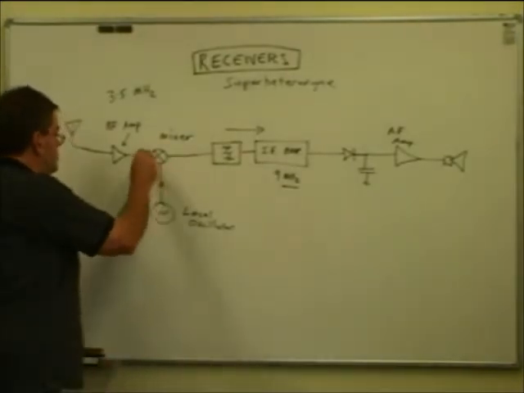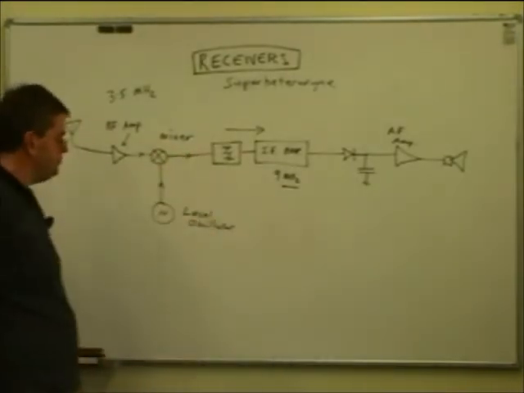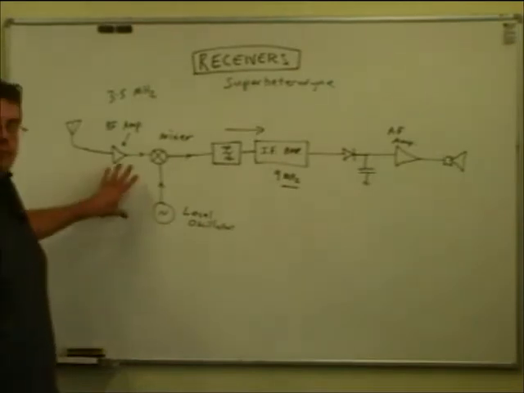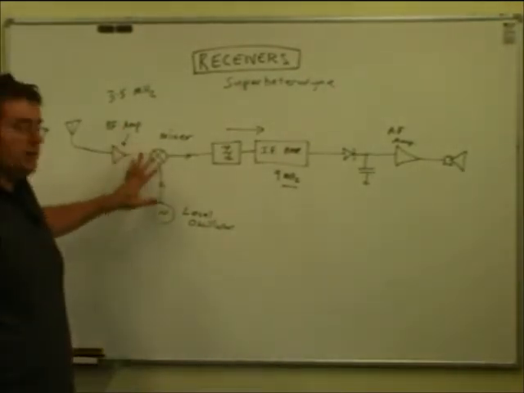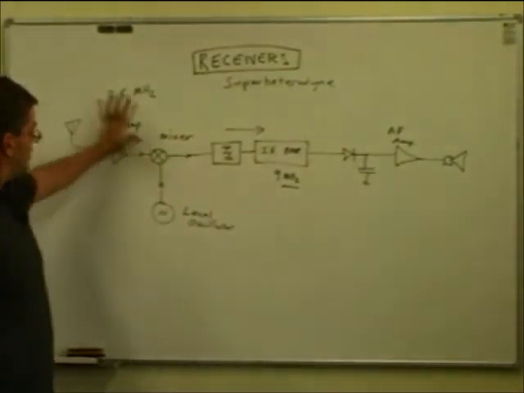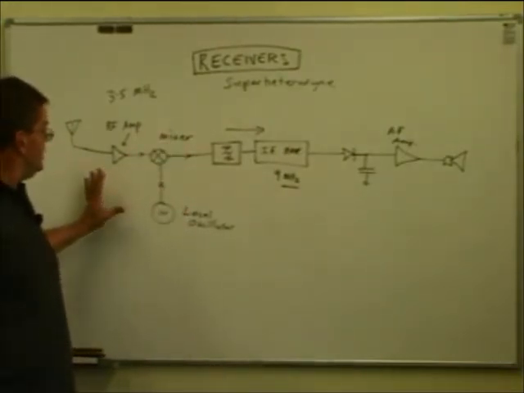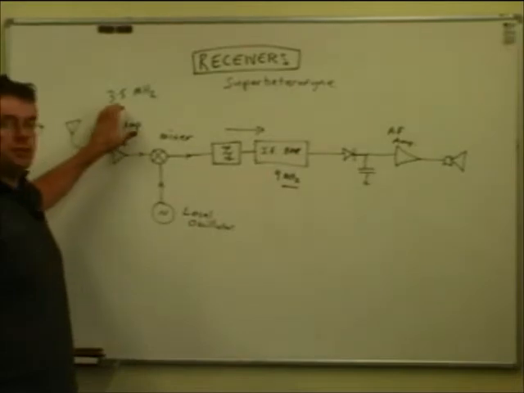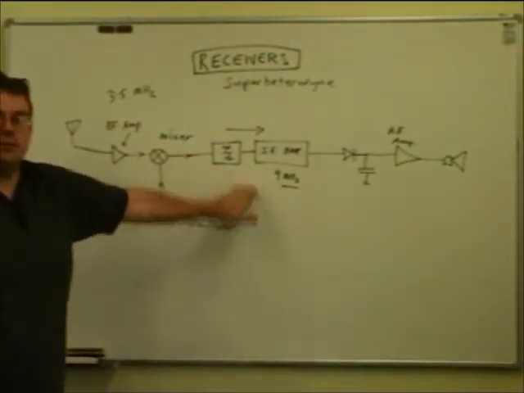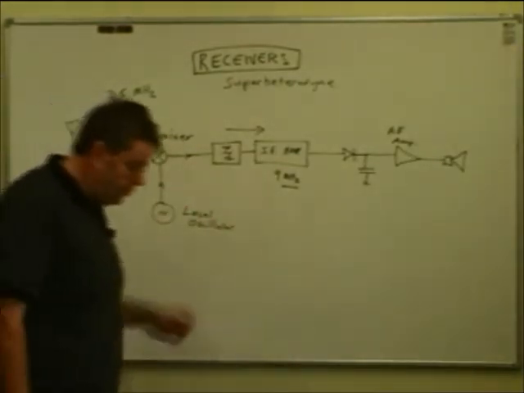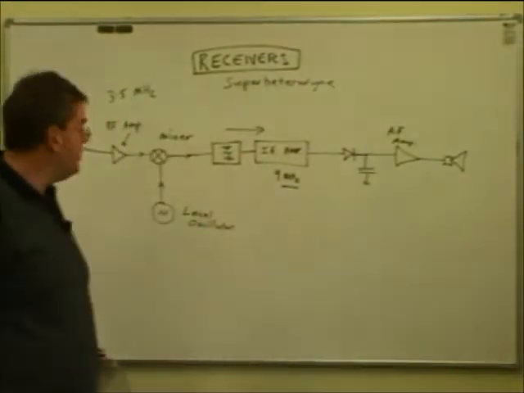You can draw an arrow there just to show which way the signals are going. This is what we call the front end of the receiver. The function of this part of the receiver is to shift the signal we want to receive to the intermediate frequency, where we can do the filtering and the bulk of the amplification.